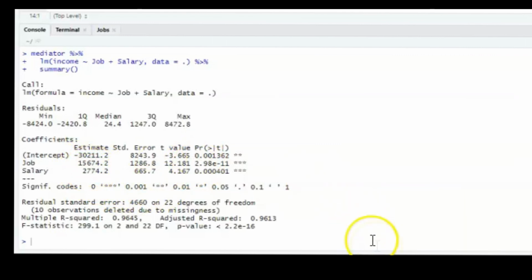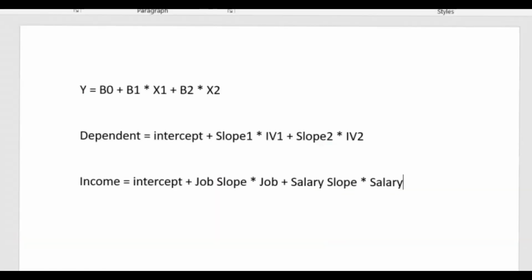And now we're going to take a look at the formula which belongs to confounders and mediators, which is: y is the b0, also known as the intercept, plus b1 times x1 plus b2 times x2. And that sounds very difficult, but it's actually quite simple because it means that the dependent is the intercept plus the slope of the first variable times the first variable plus the slope of the second variable times the second independent variable.